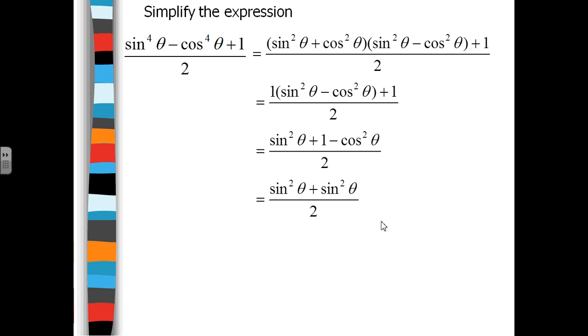So sine squared plus sine squared divided by 2. Well, now you have 2 sine squareds divided by 2, and then the 2's cancel, and you're just left with sine squared. So this big old mess right here simplified all the way down to sine squared. All right, that's one type of simplification that you can do.